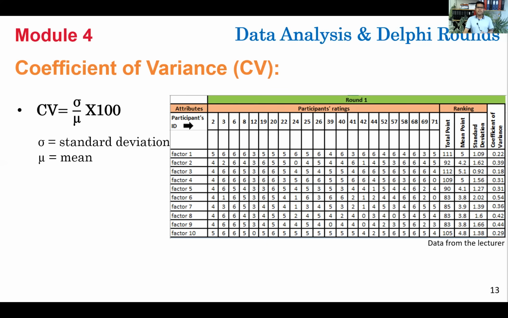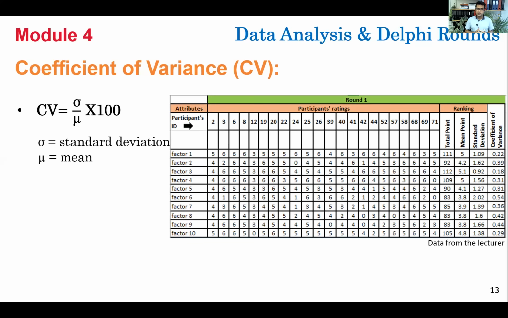This indicates that participants are already agreeing with the importance of factor 3, but not confident about factor 6. This must be affecting the consensus achievement for factor 6. If you concentrate on the participants' ratings in this example, you can easily reveal the reality.